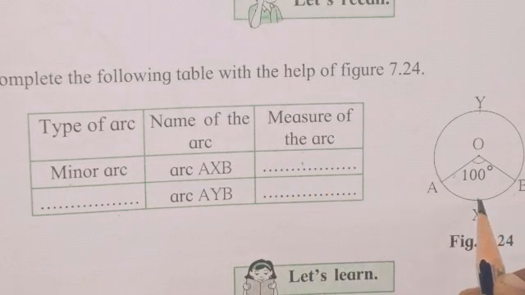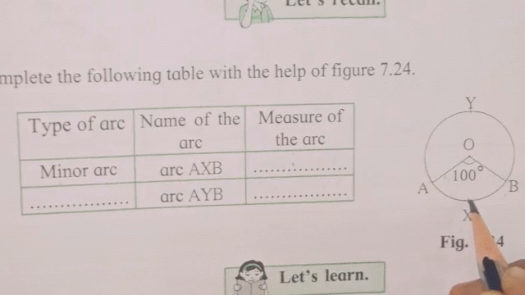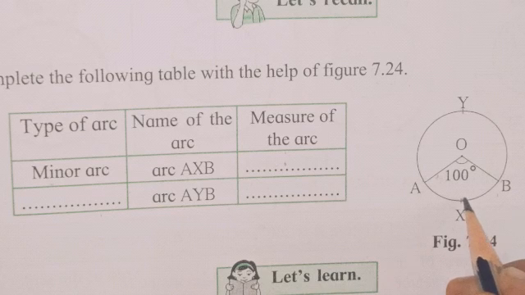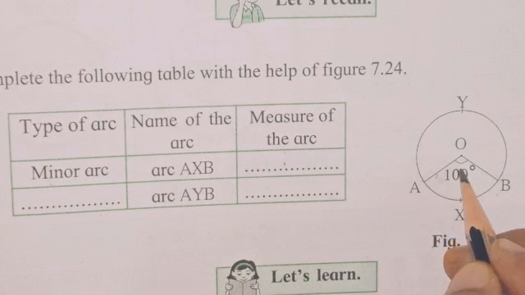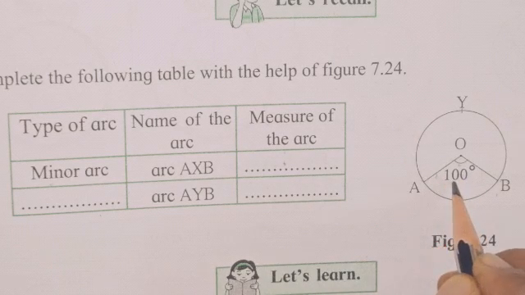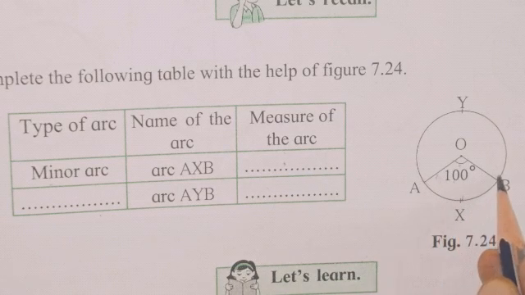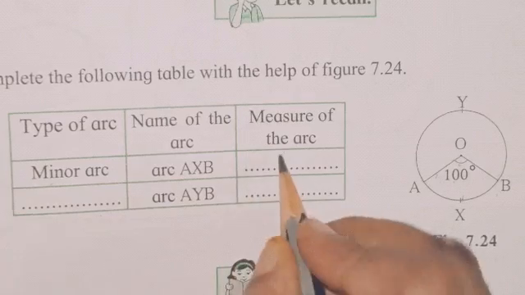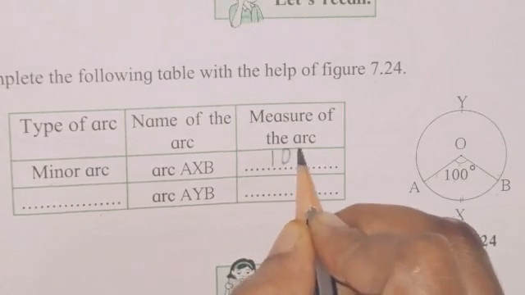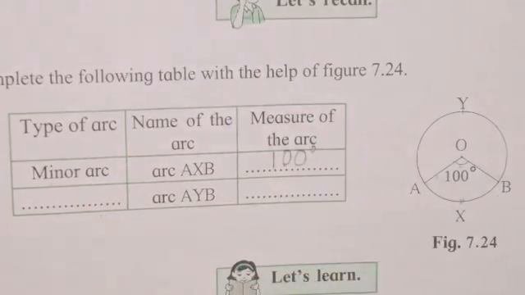So as we studied the definition of measure of minor arc in circle lesson, measure of minor arc is equal to measure of its corresponding central angle. So here the measure of this central angle is 100 degree. So measure of this minor arc AXB is also 100 degree. So here you have to write measure 100 degree.